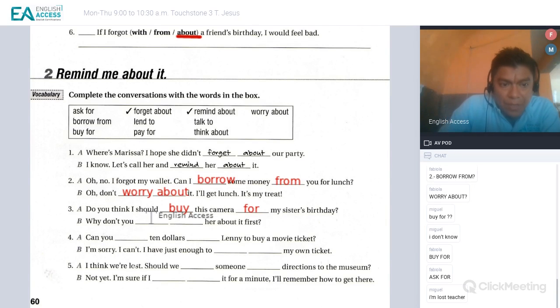That's okay, Miguel. It's right here. Look, number 3. Or let's begin with number 1. Where's Marisa? I hope she didn't forget about. It's right here, forget about. So that one is completed. Next is, let's call her and remind her about. So we have remind about. It's right here. Okay, Miguel?